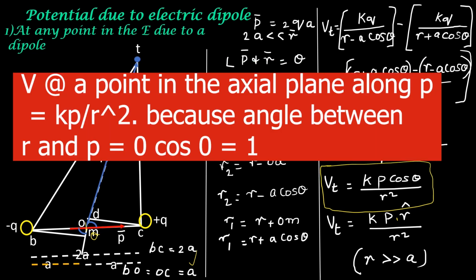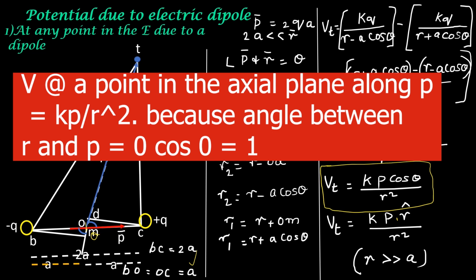Potential at a point on the axis of the electric dipole lying parallel or along the dipole moment will be equal to Kp by r square, because the angle between the dipole moment and position vector will be equal to 0, and cos 0 will be equal to 1.